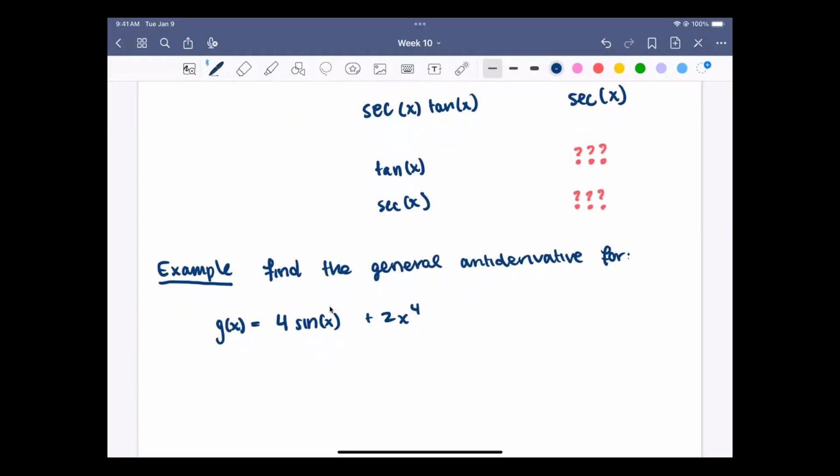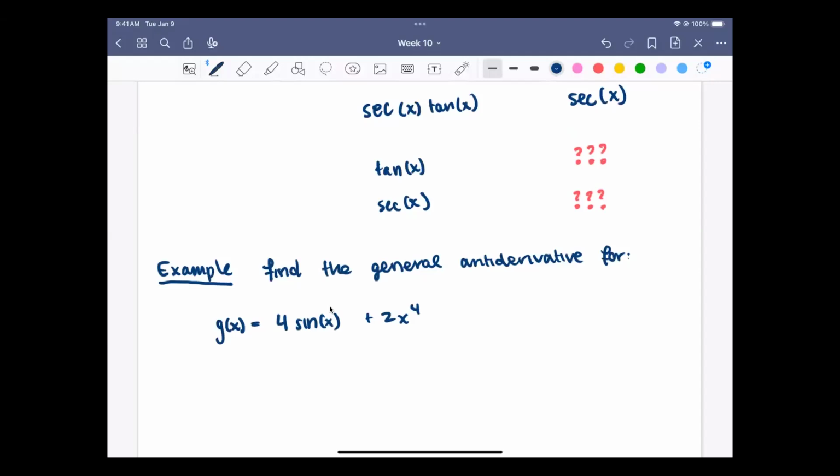Using the rules that we had, I basically just need to break this up into smaller things that I can individually take the antiderivatives of. We know that the antiderivative of a sum of two things is the sum of the antiderivative of this one plus the antiderivative of this one. And then we also have a constant multiple rule. So the antiderivative of this is just going to be 4 times the antiderivative of sine x, which we know.